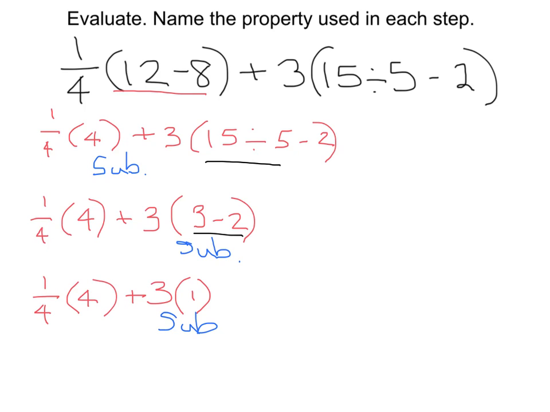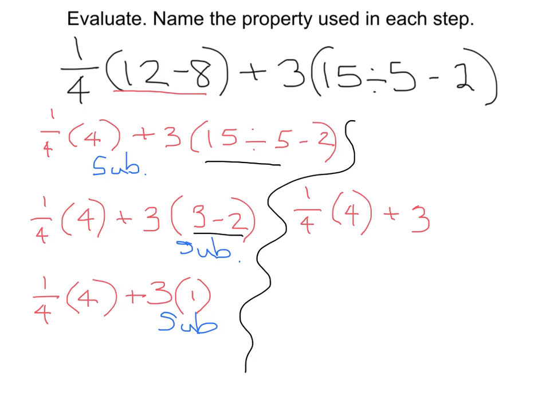Now we move on to a different type of property. And we have 1/4 times 4 plus 3 times 1. So we can first start out with the 3 times 1. I'm going to make a line here to kind of divide so you can continue following what I'm doing, and I'm going to move up to the right hand side. So we have 1/4 times 4 plus 3 times 1 is 3.